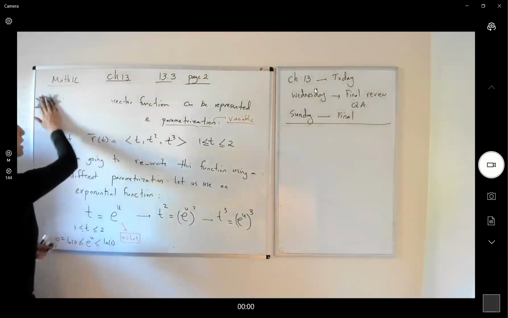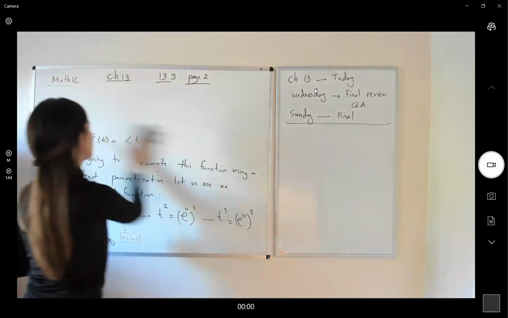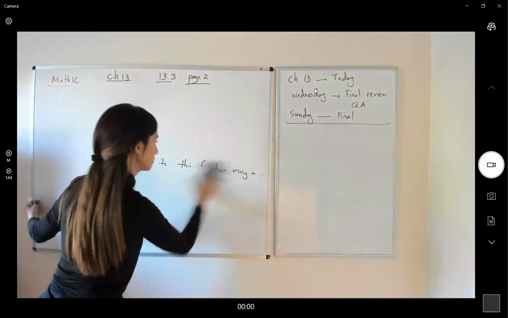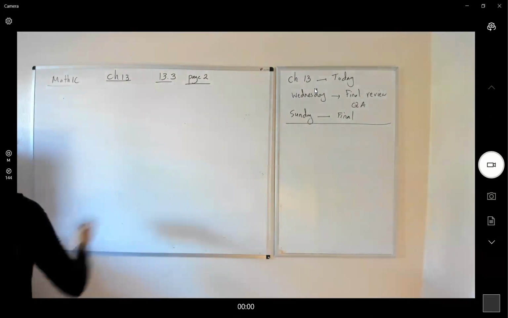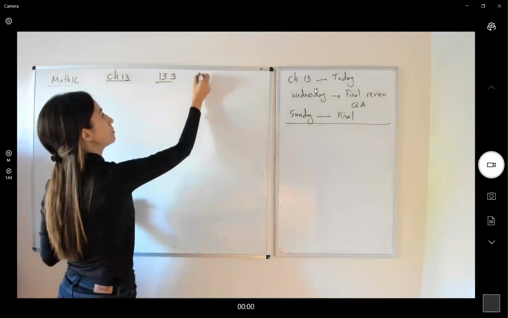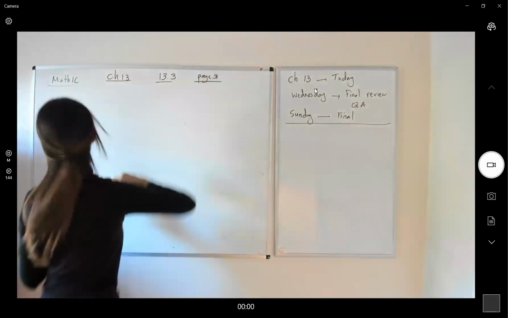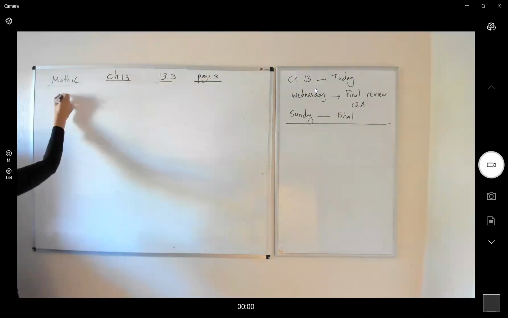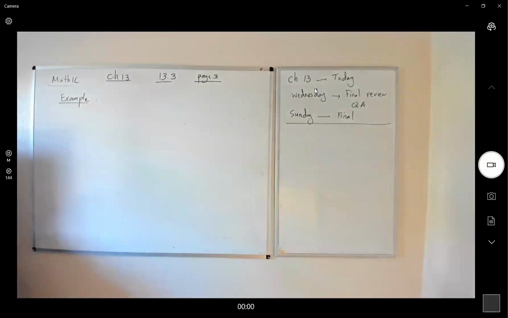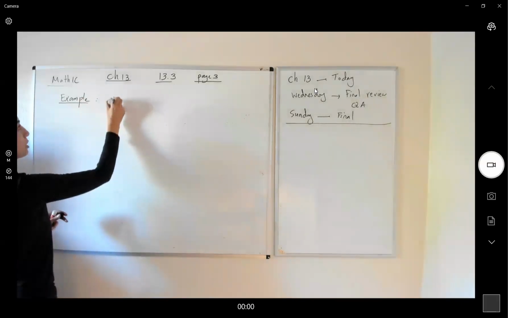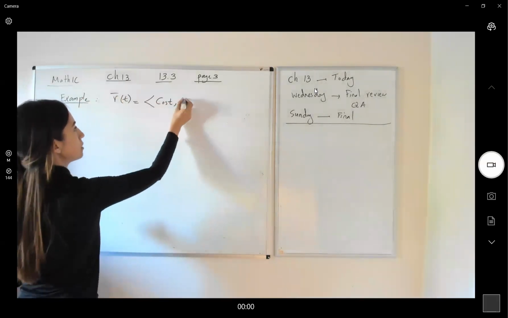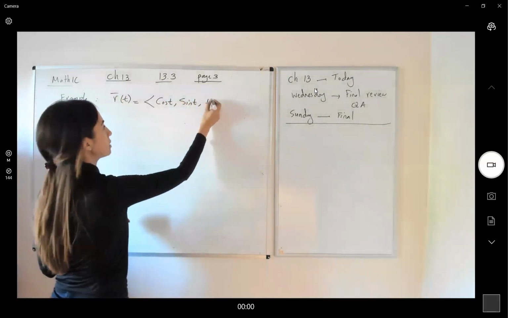So let's go over one example, see what's going on. So we are on page 3. Example. So suppose you have your helix r(t), which is cosine t, sine t, and t.